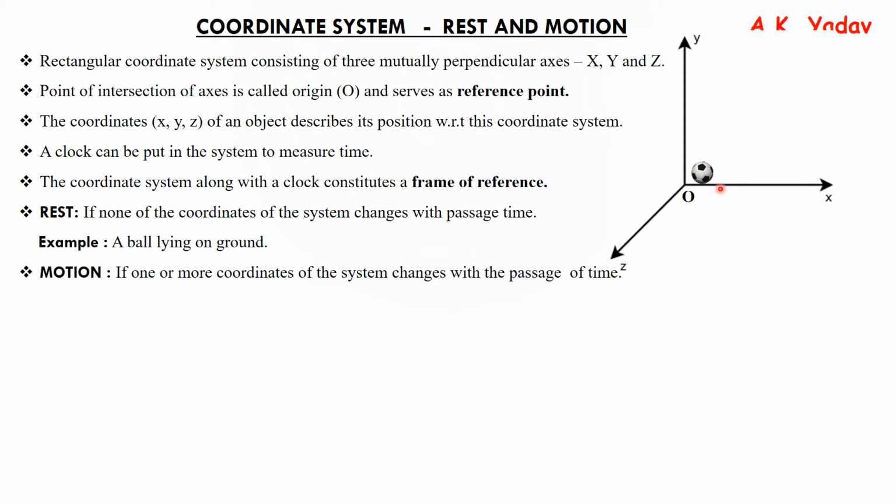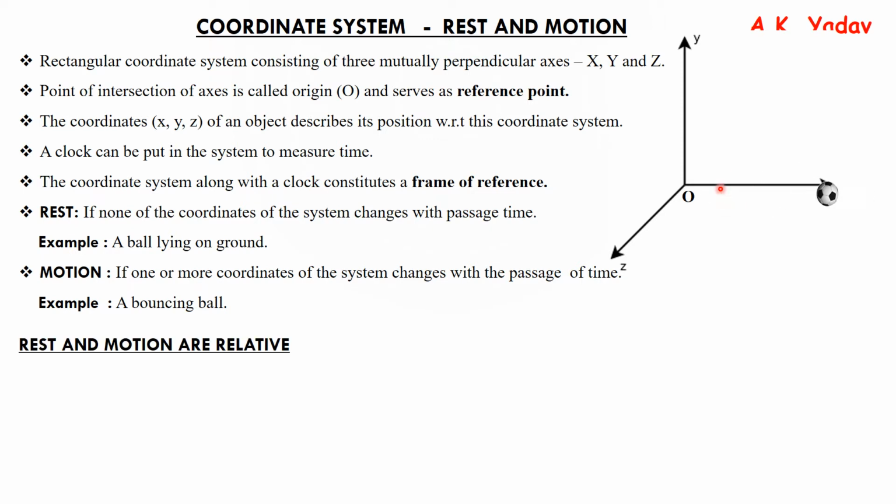And if one or more of the coordinates of the system change with the passage of time, then we say the object is in motion. For example, now this ball is bouncing, so its coordinates are changing with respect to time, so this ball is said to be in motion.